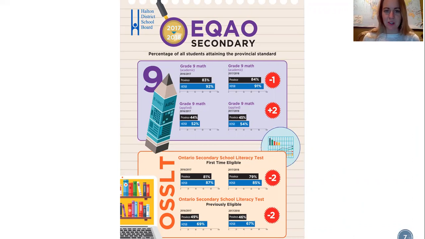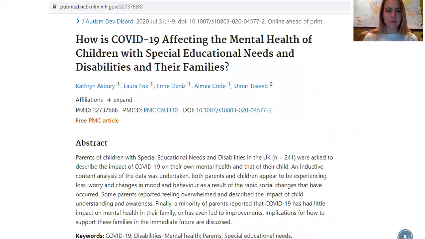This is an example of descriptive research. Here's another recent example where they had people rate how they feel like COVID has impacted their mental health. This also is a snapshot of the population describing one variable. This is an example of descriptive research.